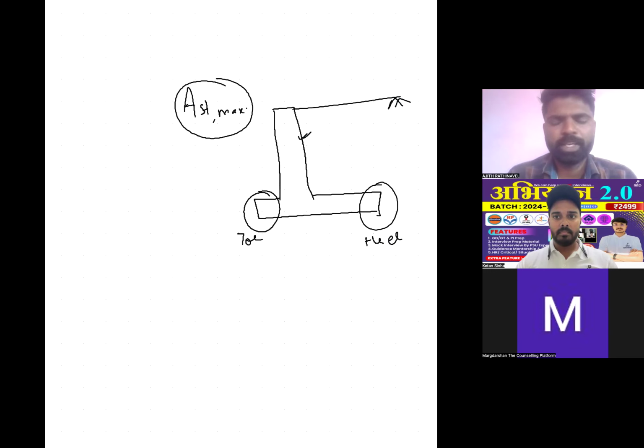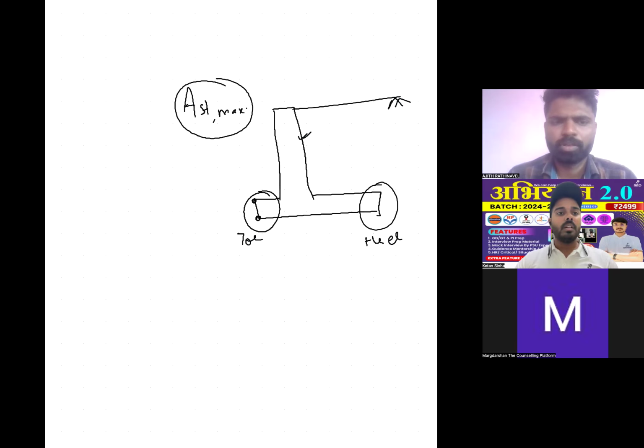About the toe, sir. About this point or this point? Bottom or the top point? Sir, the bottommost point, because more soil pressure acts at that point only.